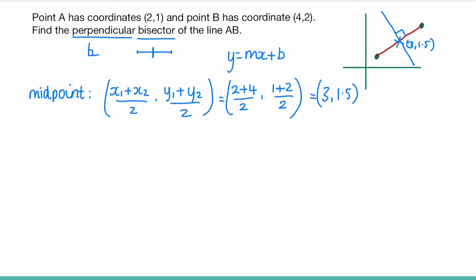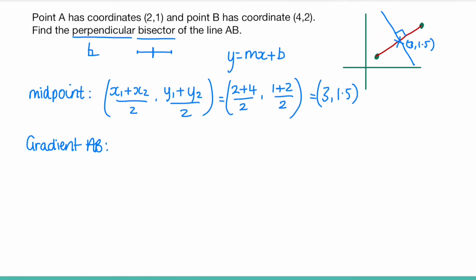I now need to find the gradient of the blue line that I'm looking for, but I can't find that until I find the gradient of the red line, the original line. So the gradient of the red line A to B is the rise over run, or the change in y over the change in x.